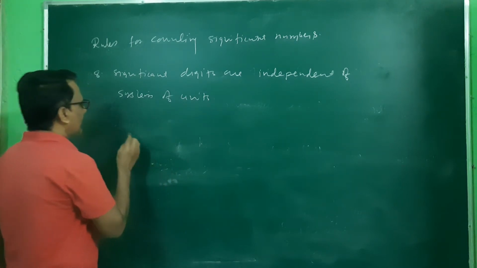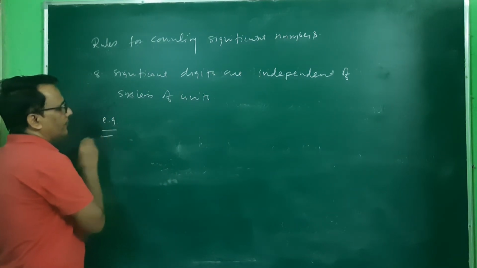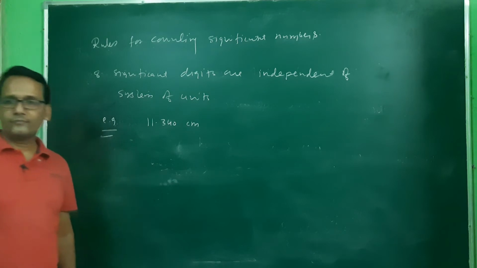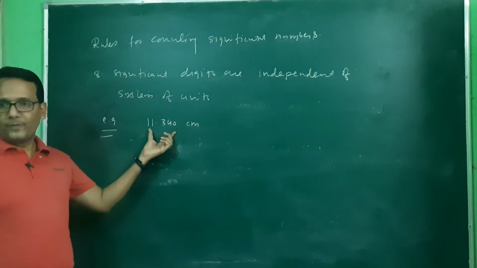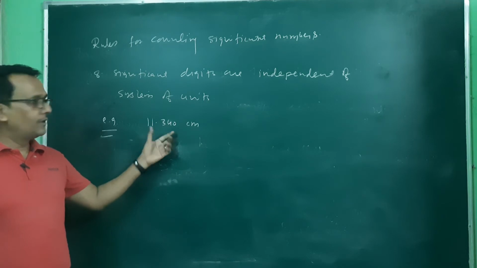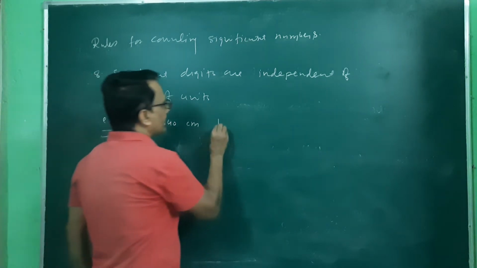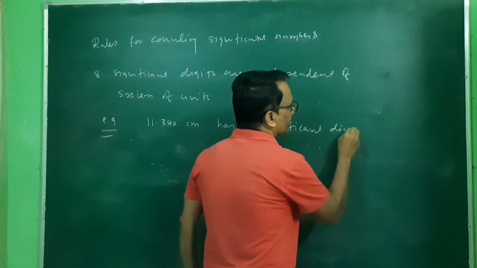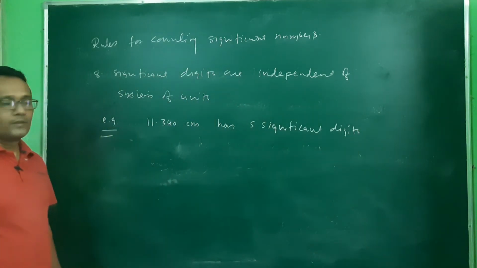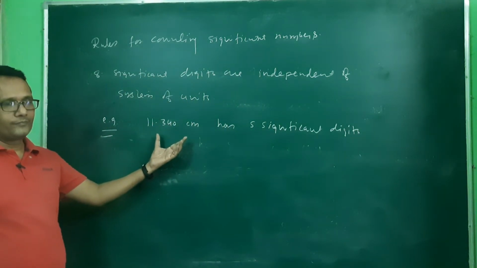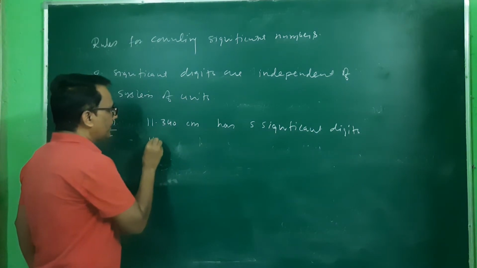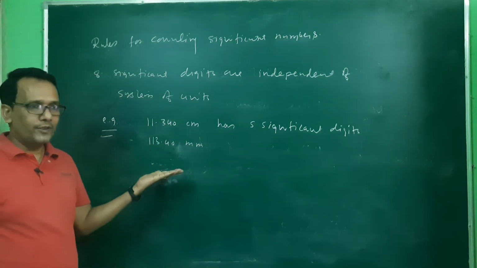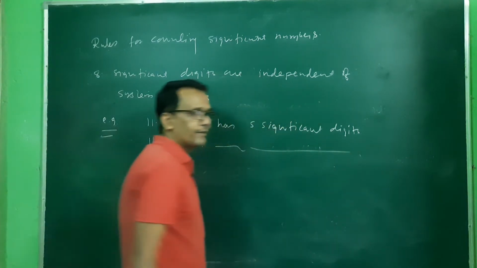For example, if you are talking about 11.340 centimeter, there are 5 significant digits, because this zero will also be counted. If we convert this into millimeter, in millimeter this will be 113.40 mm. Millimeter, unit is different, also has 5 significant digits.